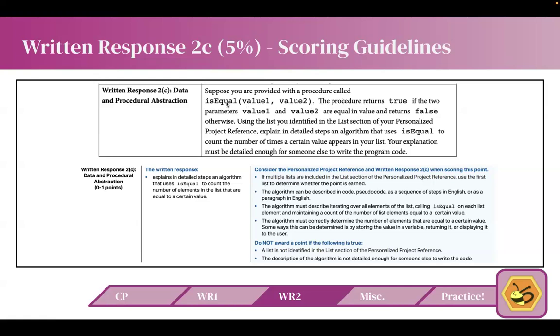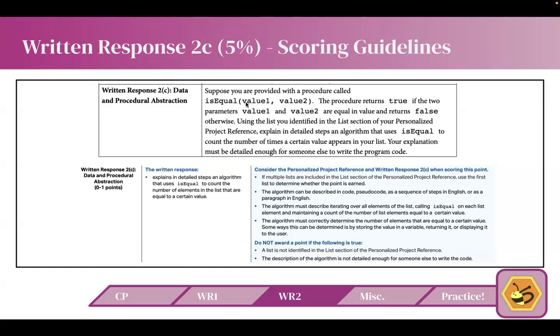We're working with the procedure is equal and our list that we identified. So what we need to do is first initialize some variable, call it count, call it whatever, just the number of times that we hit this is equal being true. And then we iterate through our list and for each item, we check if that value is equal to whatever pre-specified value we have.